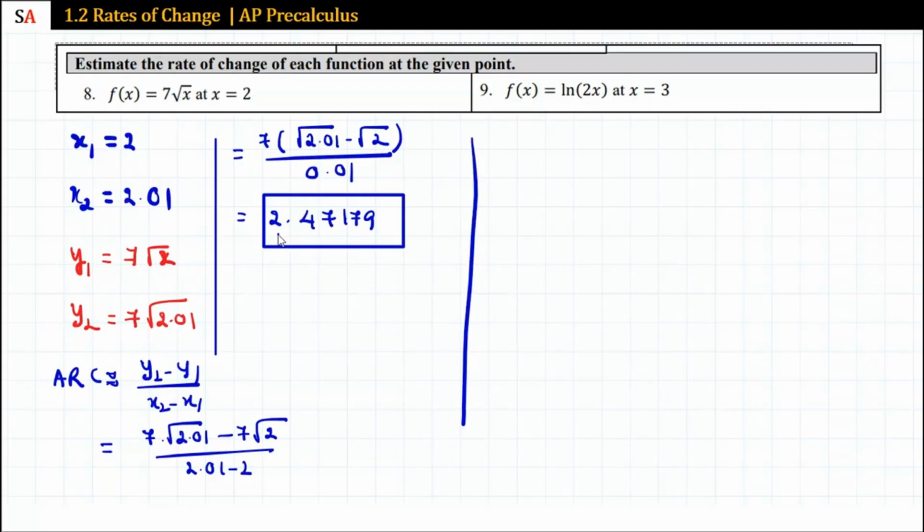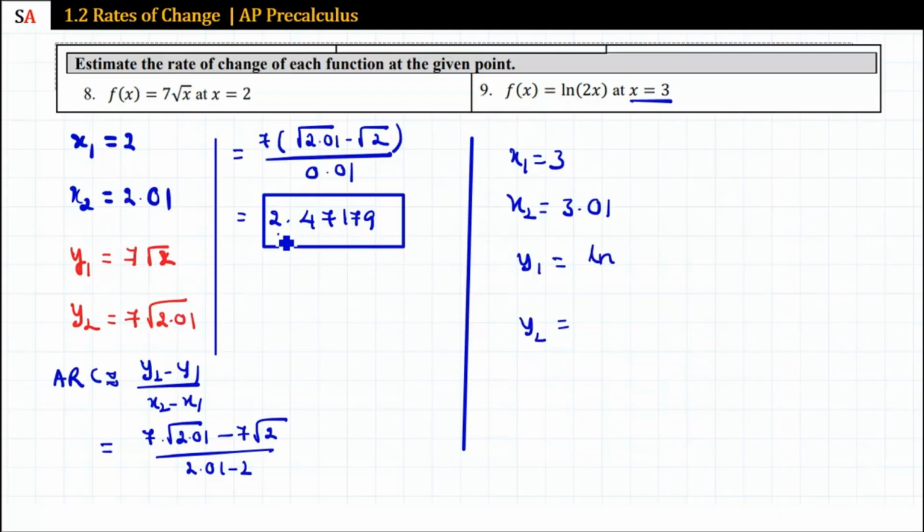Now let's move to the ninth one. So we have this function, we have to estimate the rate of change at x equal to 3. So let's choose x1 equal to 3 and x2 equal to a nearby point, let's say 3.01. So find the corresponding y values, y1 and y2. So this one is ln of 2 times 3, which is ln of 6, and here this one is ln of 2 times 3.01, that is ln of 6.02. So the ARC is the estimated rate of change.